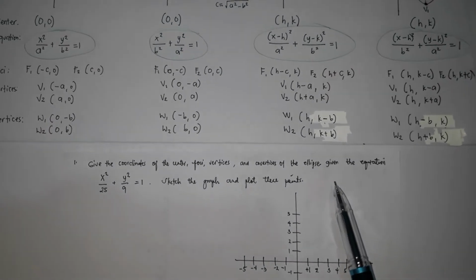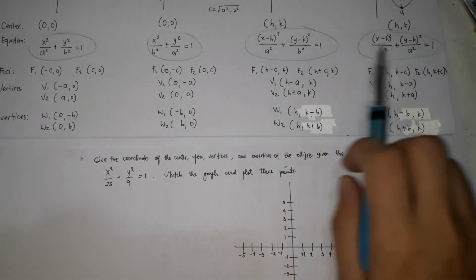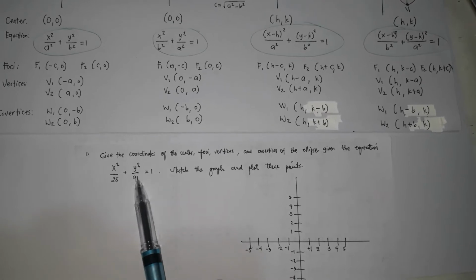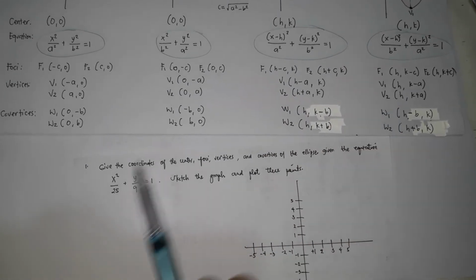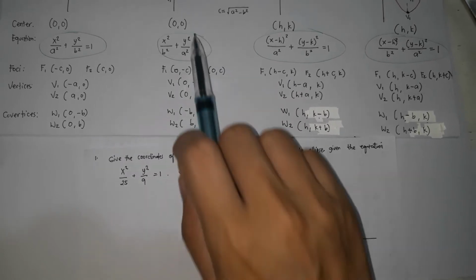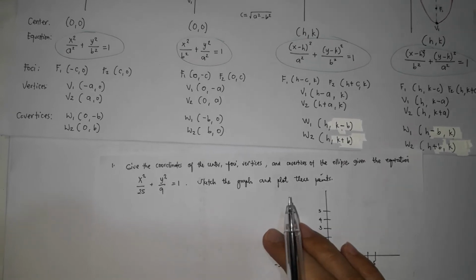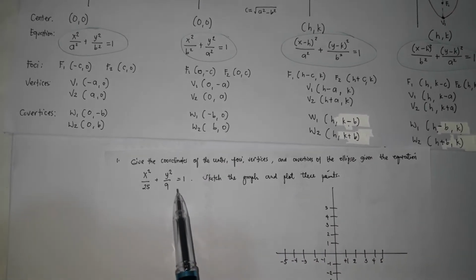So, if you're going to compare it with the given equation a while ago, x squared plus y squared lang ang nasa taas. So, ito silang dalawa, hindi nakasali. Next, how are we going to identify kung sino si A, sino si B? It is said na ang A is yung mas malaki.